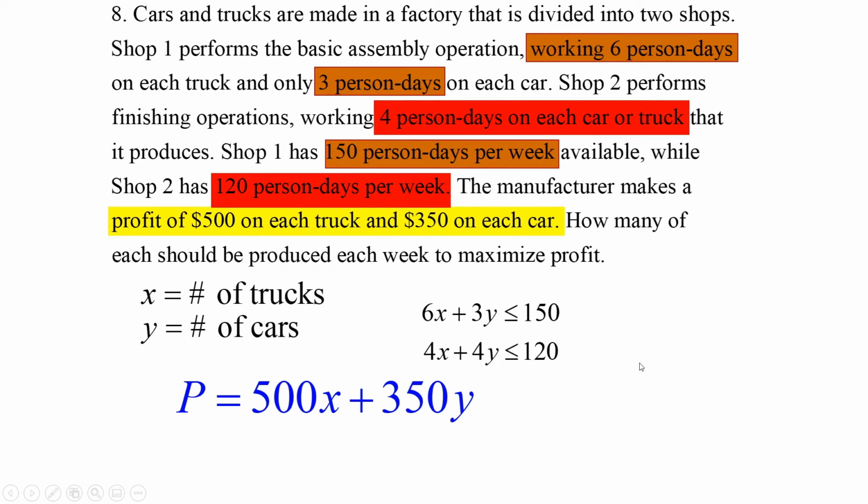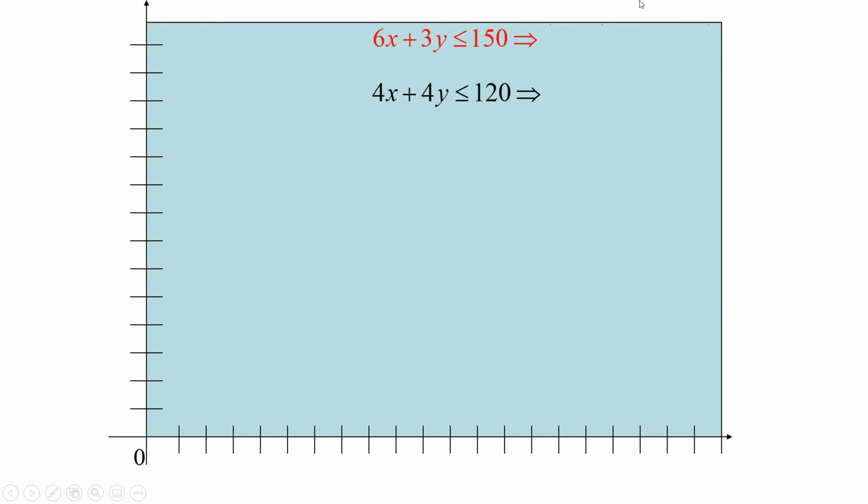All right, well, let's graph our constraints. How about some intercepts here? Well, if x is 0, y would be 50. And if y is 0, how many times does 6 go into 150? That would be 25 times. Now, 50, 25, I probably better scale by 5.